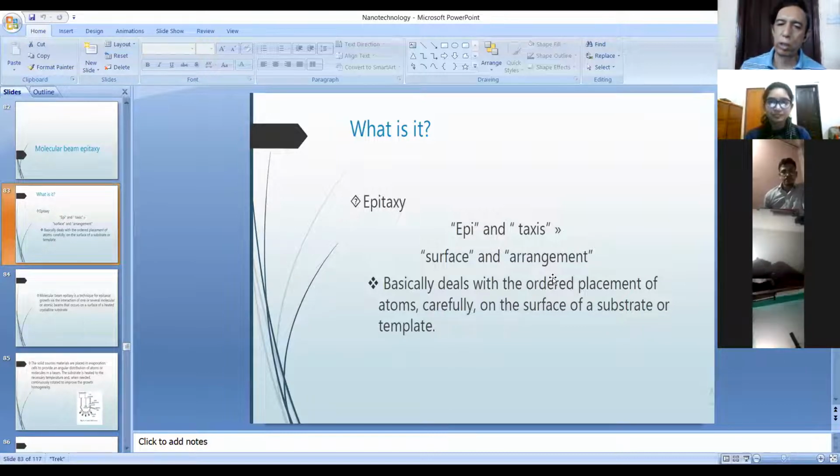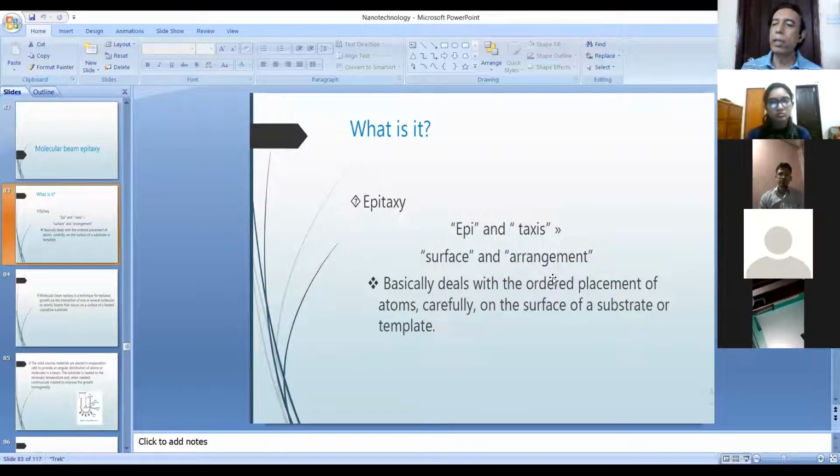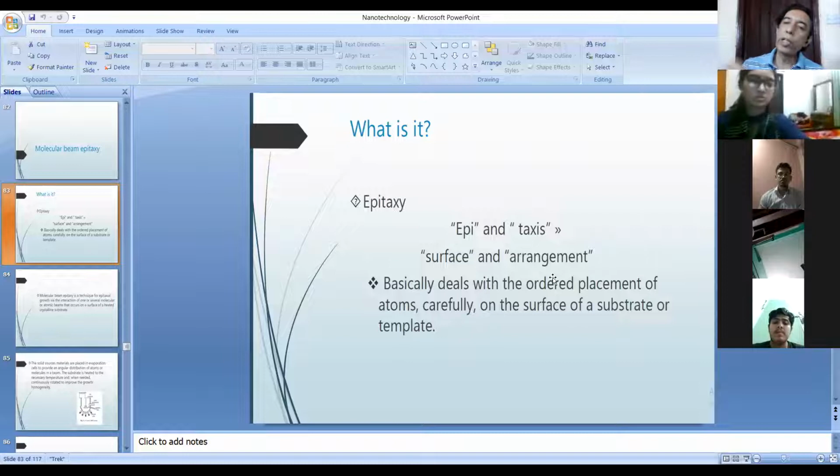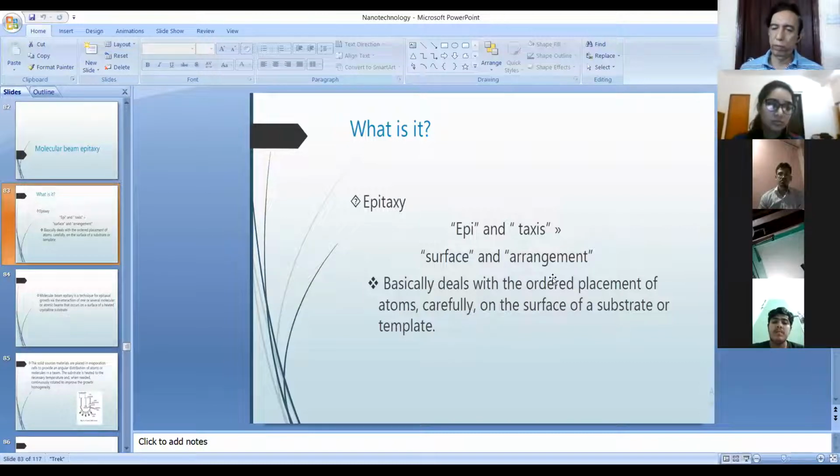Epitaxy is a process of an ordered crystalline growth of material on a crystalline substrate.